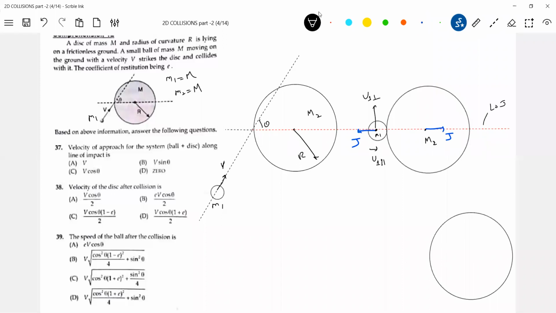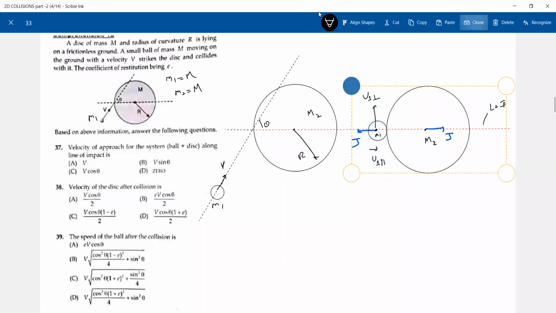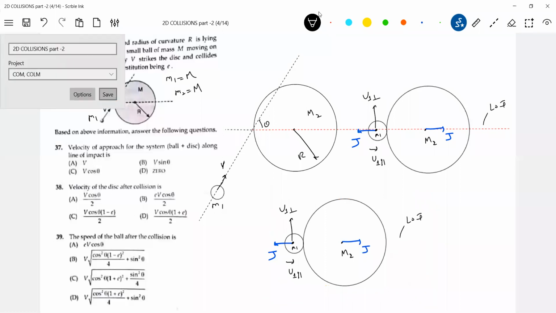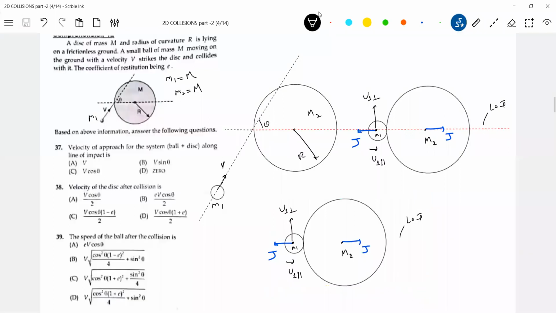Same diagram, let me take this. I'm giving so many diagrams just to make you understand. In the exam, there's no necessity to draw so many diagrams. You should straight away assume the things and work it out.